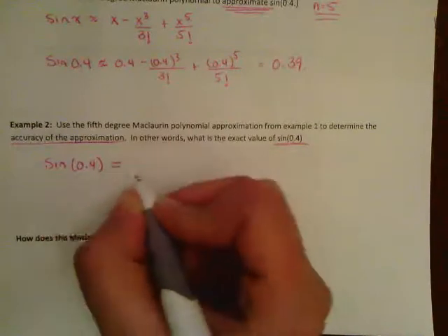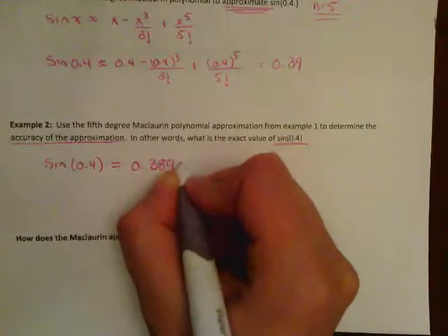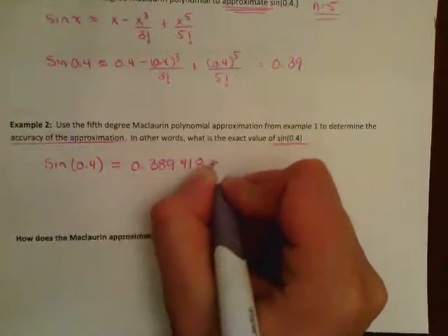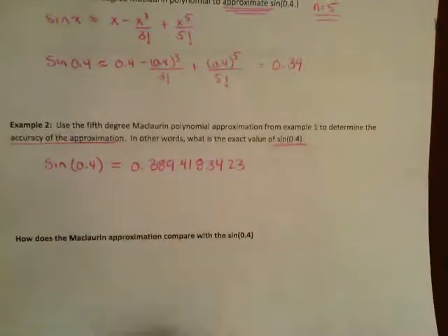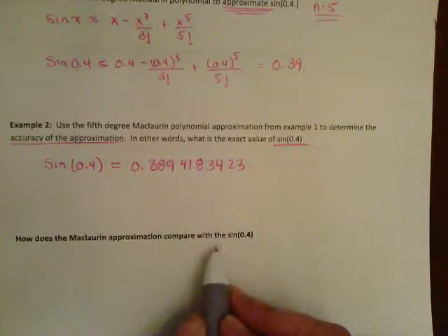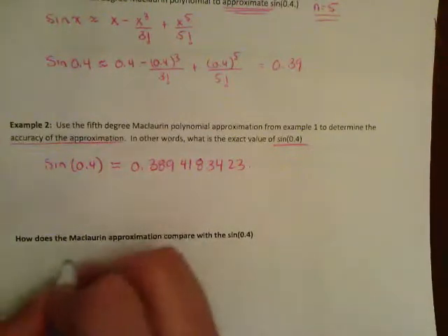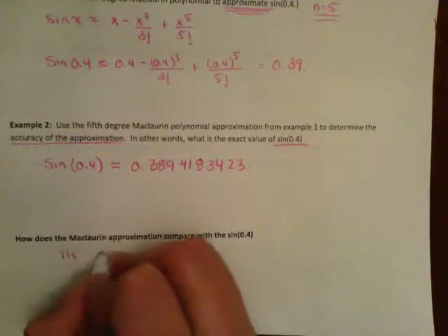The exact value is 0.38941834423. That's the number I get in the calculator. So how does the Maclaurin approximation compare with the sine of 0.4? It's actually pretty good. It's excellent.